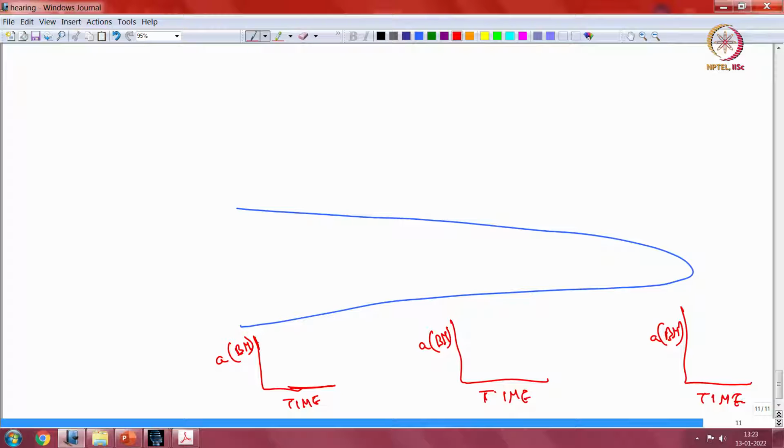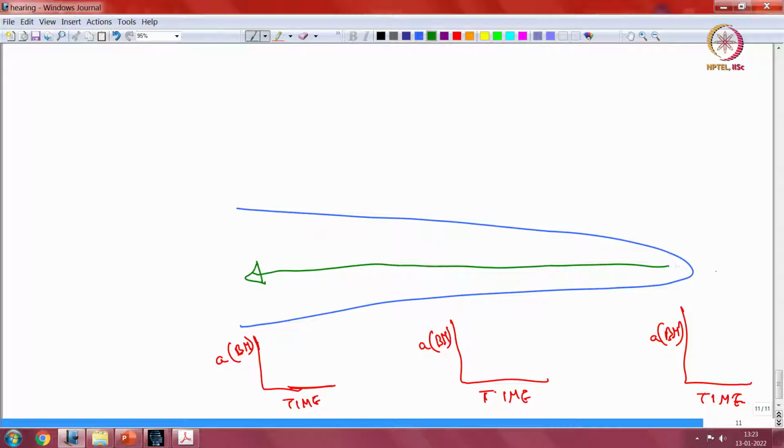The input to this membrane is a travelling wave, remember it is a travelling wave, travelling in this direction.